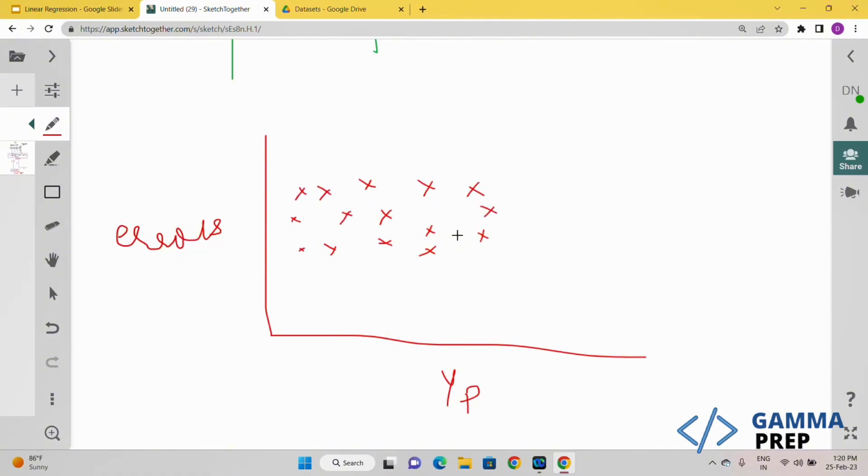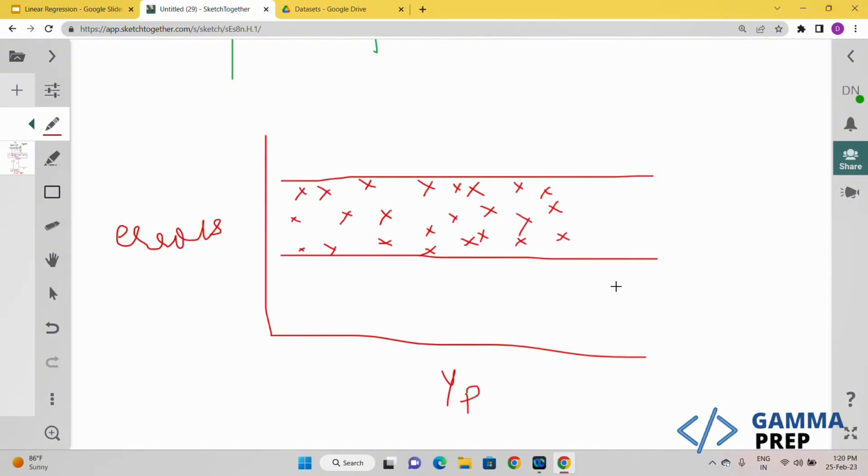That is, they should not have an increasing or decreasing trend as the y predicted increases. If we have the errors in this way, then our linear regression model is probably the right model.